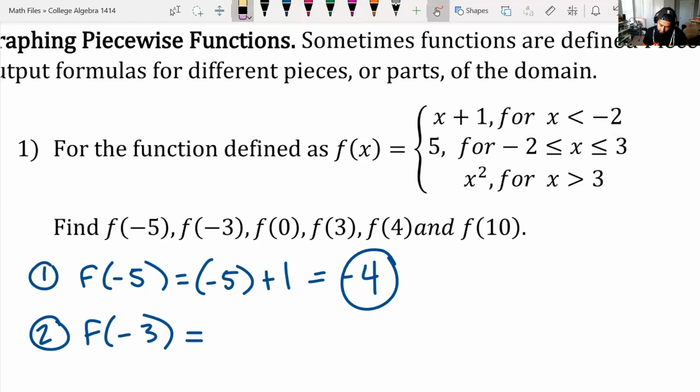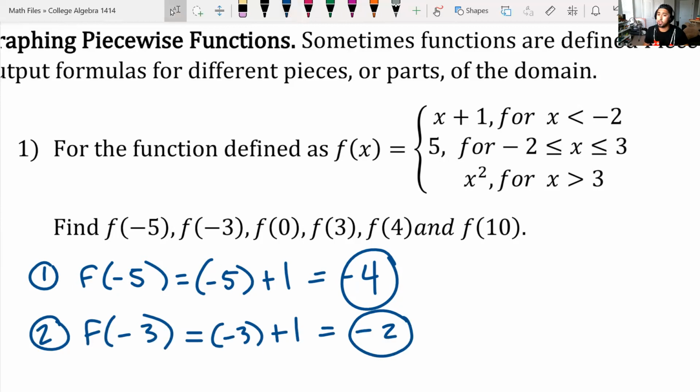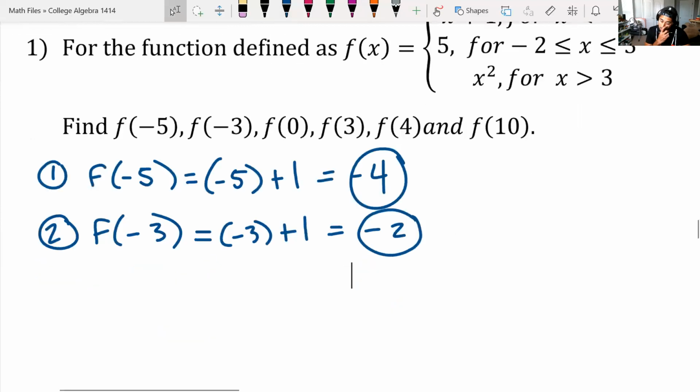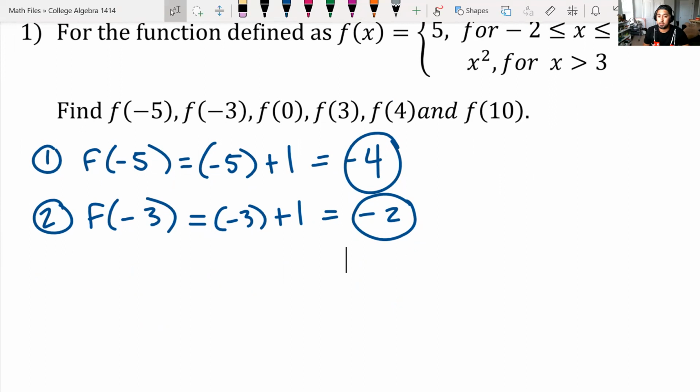So you'll get -3 plus 1, which will give us -2. All right. There we go. It's okay, laptop. We're going to be okay.